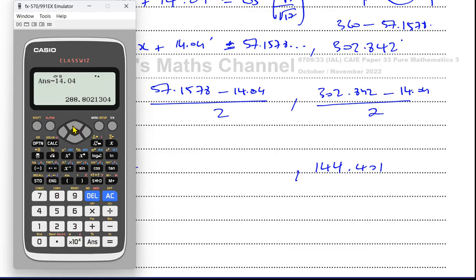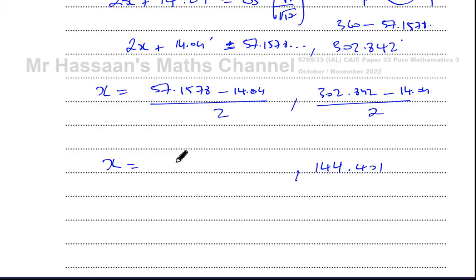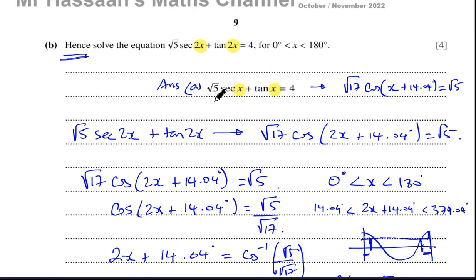Okay, and then for this one, I'll go back and find the answer that I got for this. So I have this minus 14.04 and divided by 2. That gives us 21.558. So now, how do we round this? Does it tell us anything here? Nope.